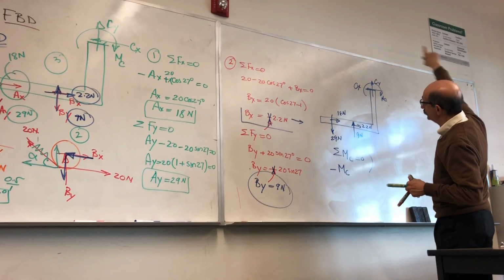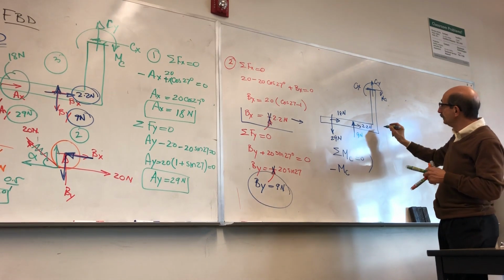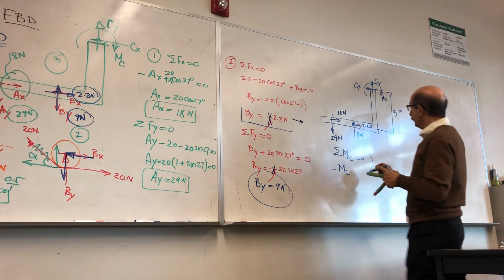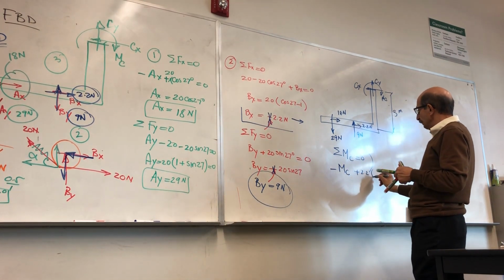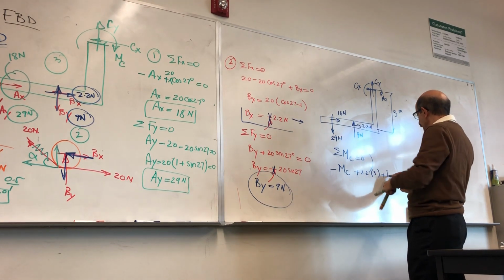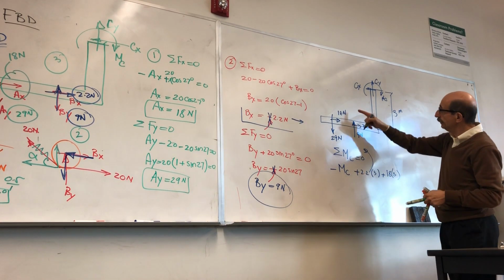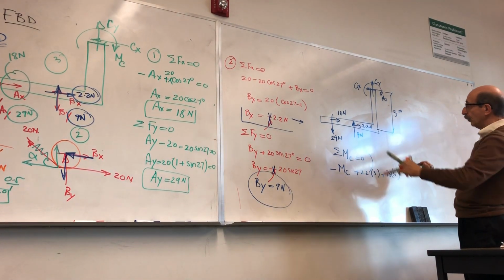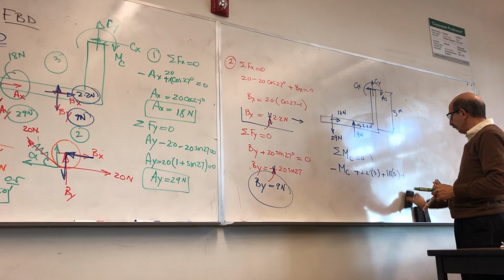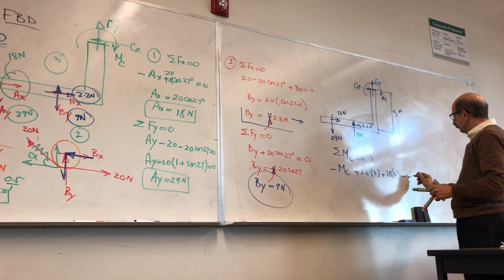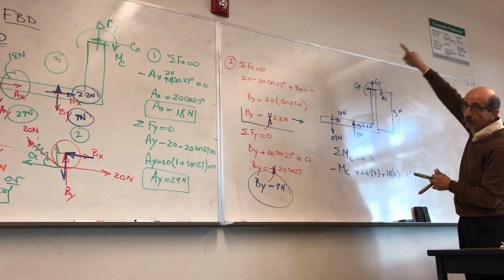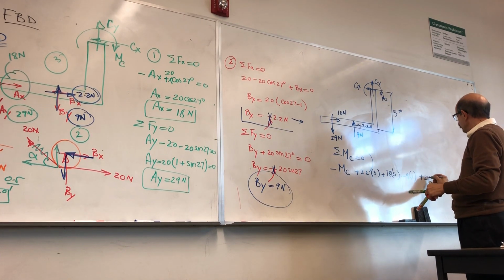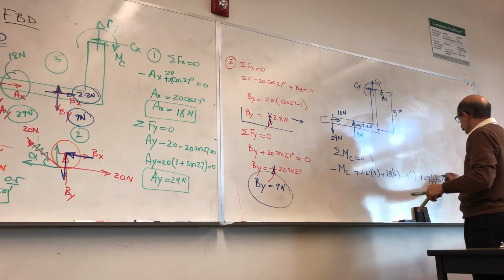These two forces create a counterclockwise moment, and the moment arm, this distance is given 3 meters, so I have plus 2.2 times 3 plus 18 times 3. This one generates a clockwise moment. This is the distance given as 1, so you have minus 9 times 1, but this one generates a moment counterclockwise. Moment arm is 3, so plus 29 times 3 is equal to 0.